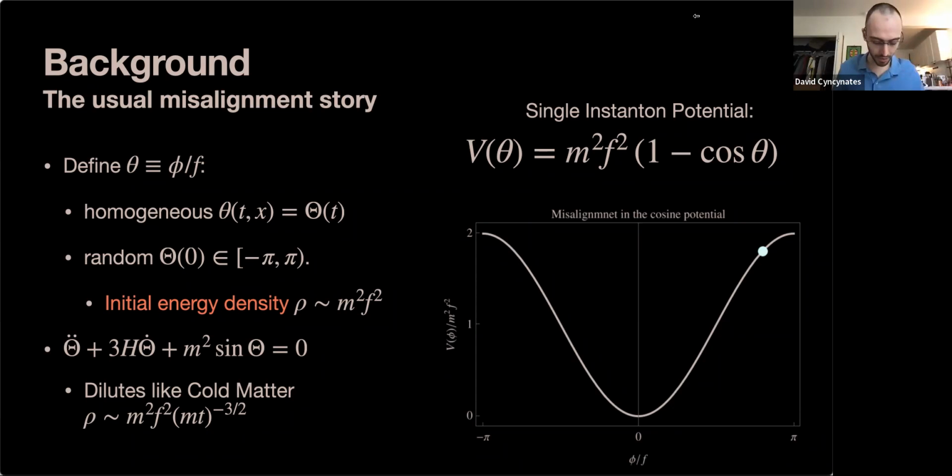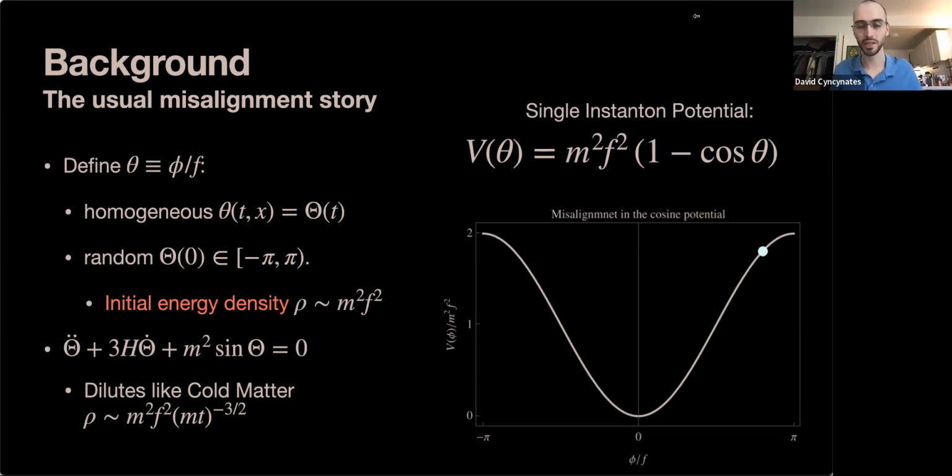Now, this capital theta, this initial homogeneous expectation value, can be anywhere in the interval minus pi to pi with roughly equal probability. This leads to the expectation that the initial energy density of the axion field is on the order of the instanton scale, m squared f squared.